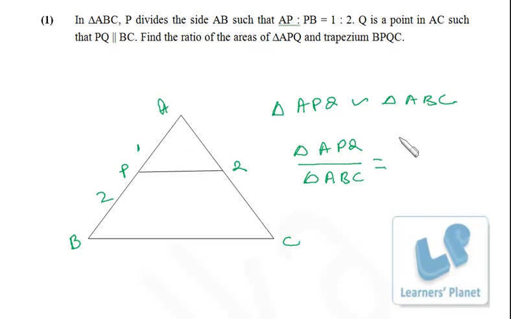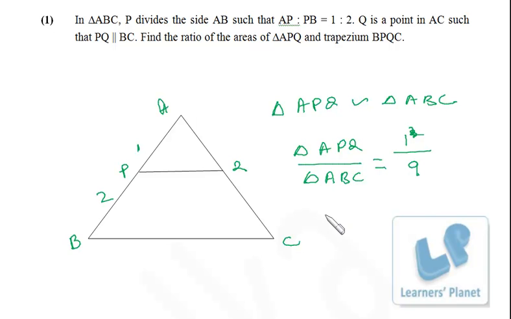So here it is 1 squared, and in triangle ABC this complete length is, I'm sorry, 3, so the square will be 9. So the area ratio of APQ and ABC is 1 by 9.